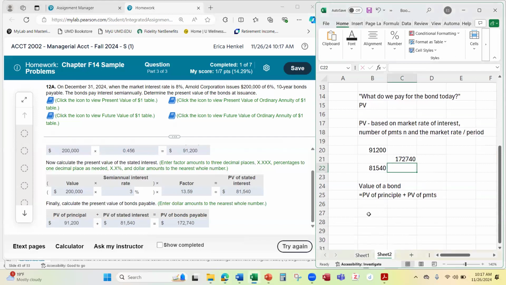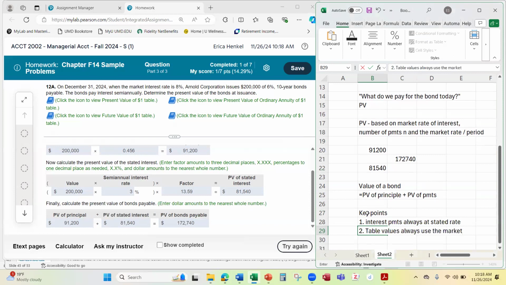So on interest, payments are always at the stated rate for the bond, and table values always use the market rate.